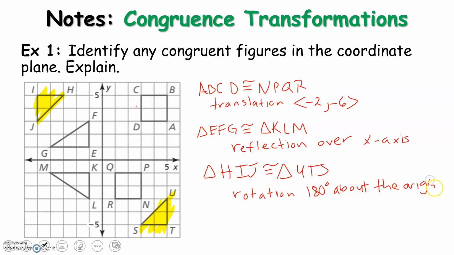We can see that because if we look at point U, which is at 5, -3, and we look at point J, which is at -5, 3, we can see that they're opposite.